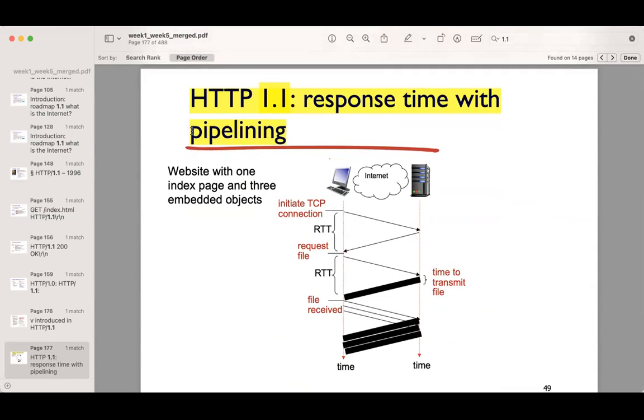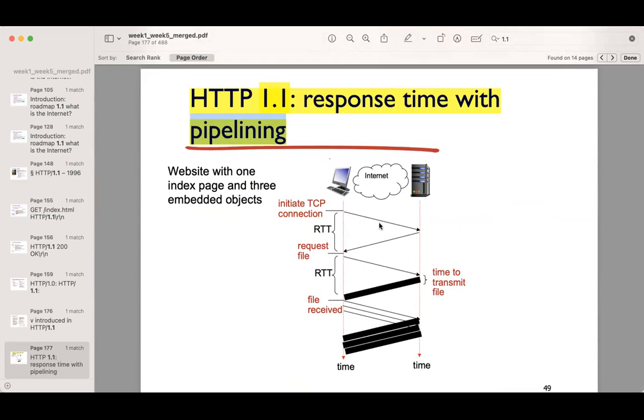And another thing about it is pipelining. As you can see in this graph, pipelining means we can send 3 different requests at the same time, and then we can get responses very quickly instead of sending the requests one by one. So we can save time.